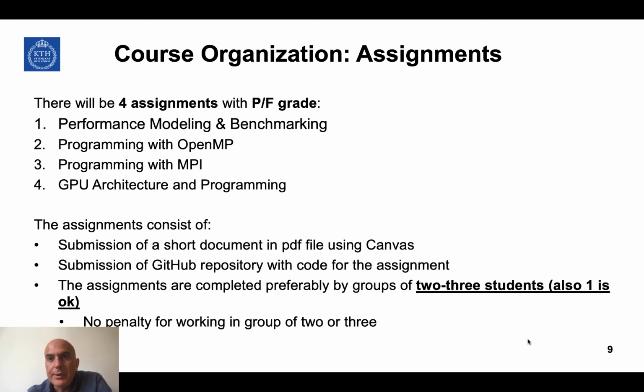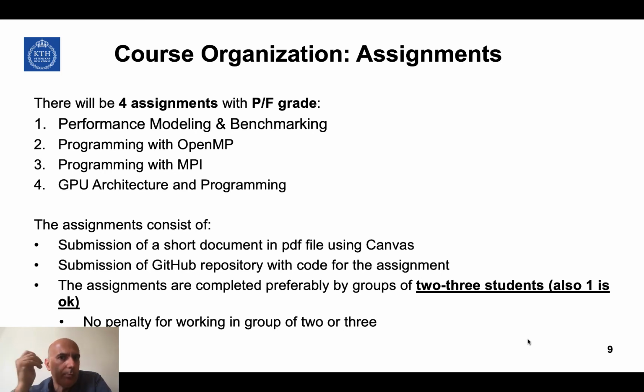Each assignment consists of submission of a short document in PDF file where you're describing what you have been doing for the assignment, a submission of a GitHub repository with the code for the assignment, and so what you need to do. So the assignments are completed preferably in groups of 2 or 3 students. Also, if you want to do the assignment by yourself, is also okay.